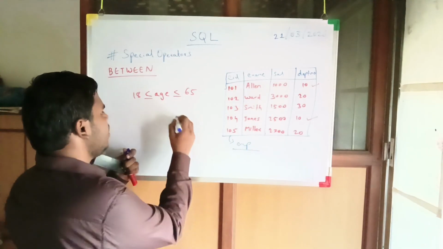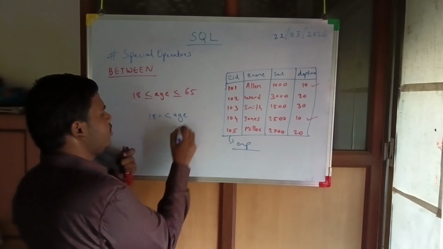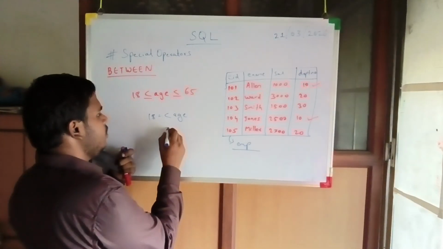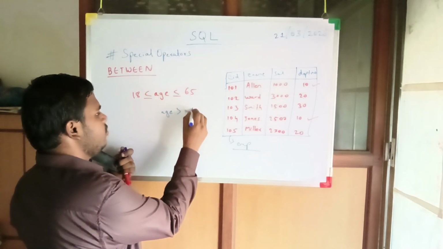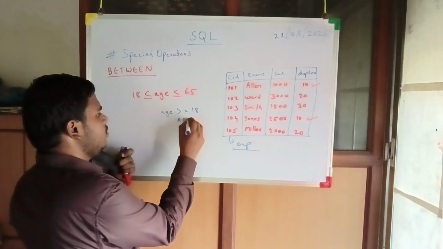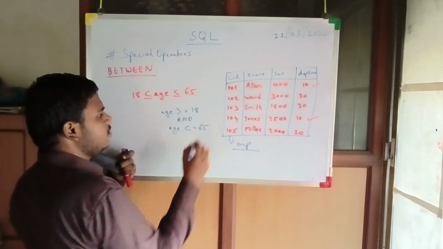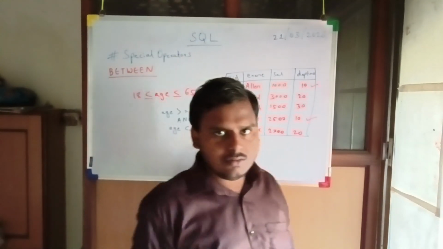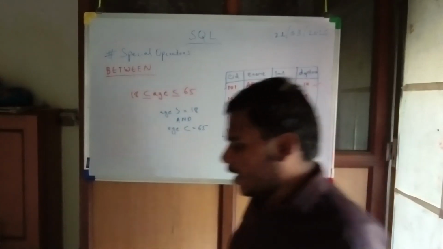In the computer we will write it like this: age greater than or equal to 18 and age less than or equal to 65. This is how we will write the query. Now I need to reduce the syntax.